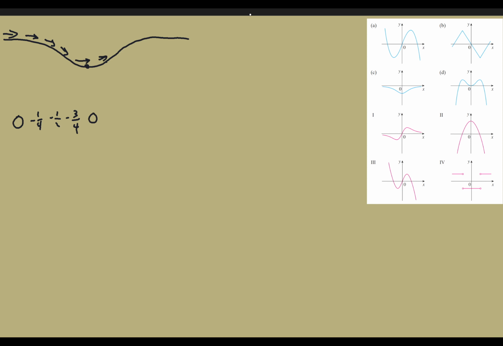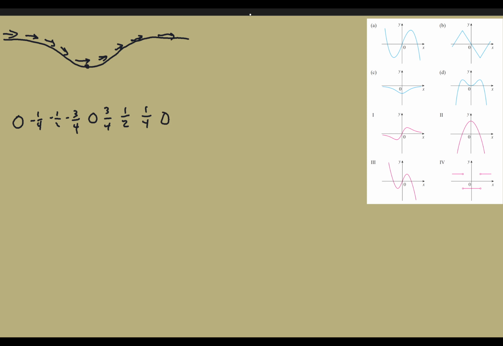And now it's increasing more, so let's just use the same kind of numbers I used before since it's mirrored. And it's climbing less than it was before, but it's still climbing, so it'll be positive but smaller. And it's still positive but smaller, so it'll go 1/4. And then here it's kind of flattening out again.